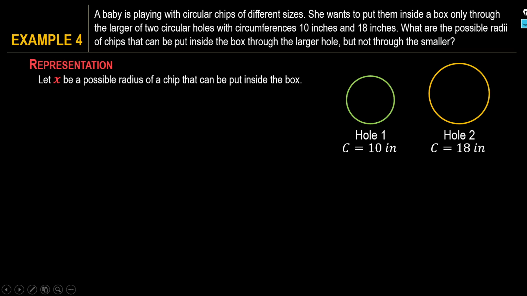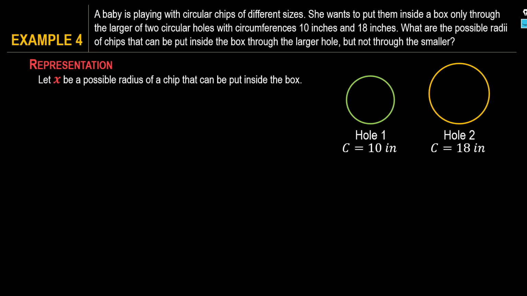Question, how can a chip be inserted in hole 1? Di ba mangyayari lang yun kapag mas maliit yung circumference niya kay hole 1? Oh, but we don't want that. We don't want the circumference of the chip to be less than the circumference of hole 1. We don't even want it to be equal kasi masastuck lang yun dun sa hole.